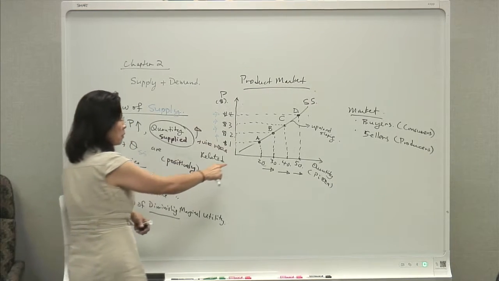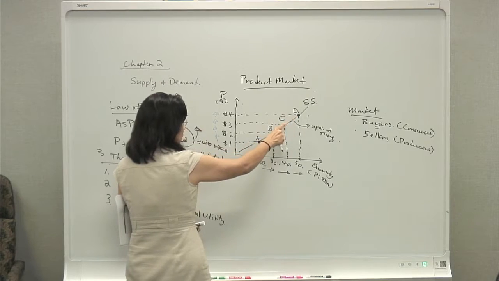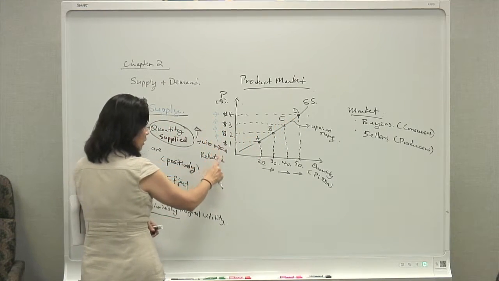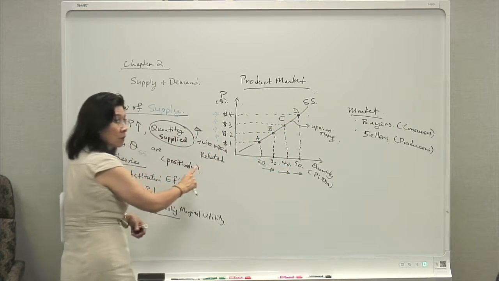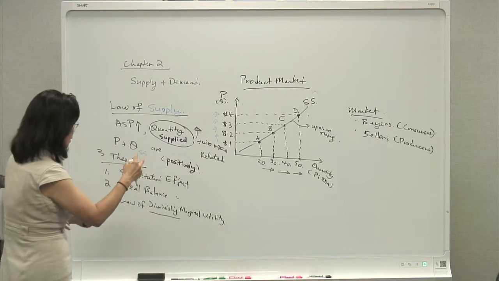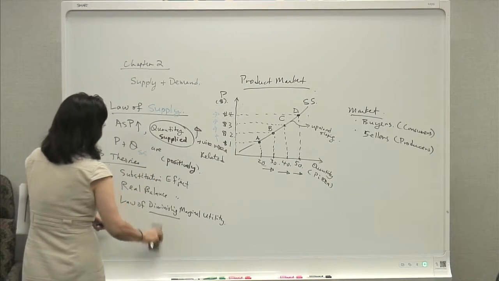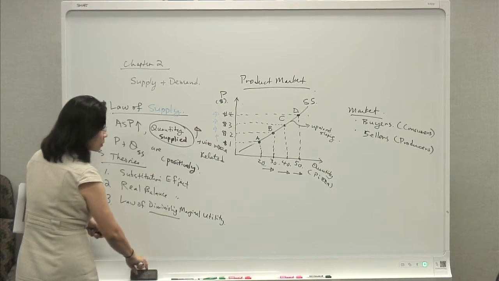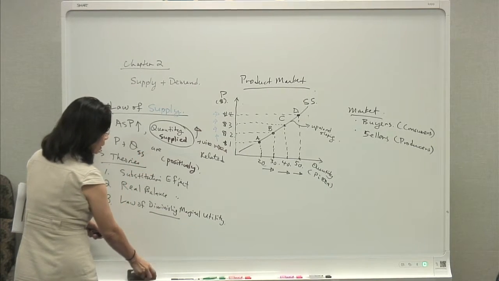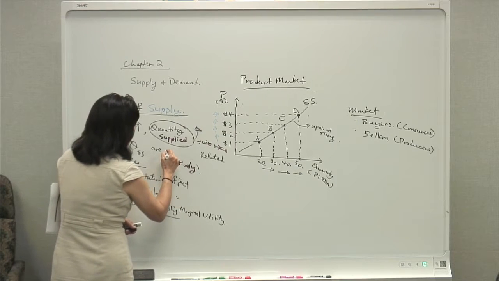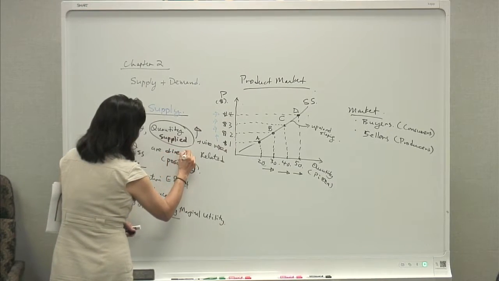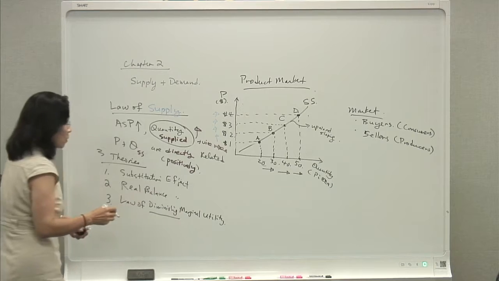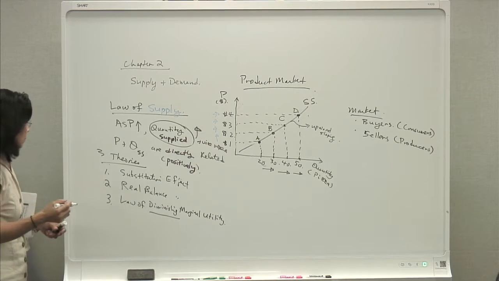So then you'll be moving from point D to C to B to A as price comes down and quantity supplied goes the other way. So it's opposite. That's what vice versa means. So then your price and quantity supplied, using QS as quantity supplied, are directly related, or what we call positively related.